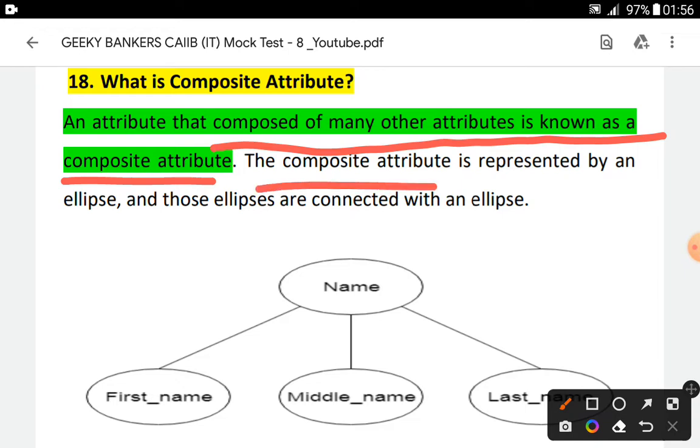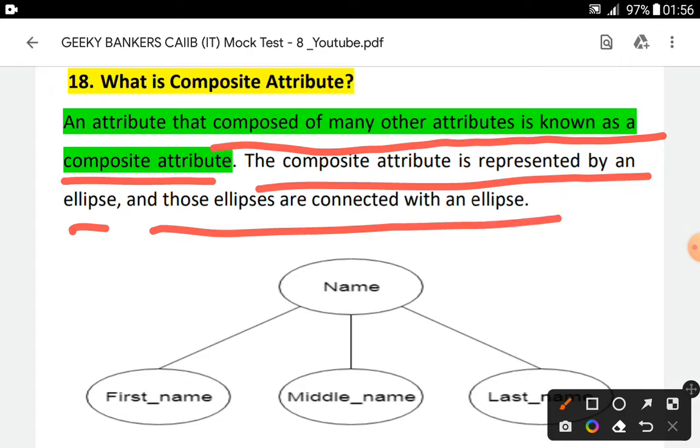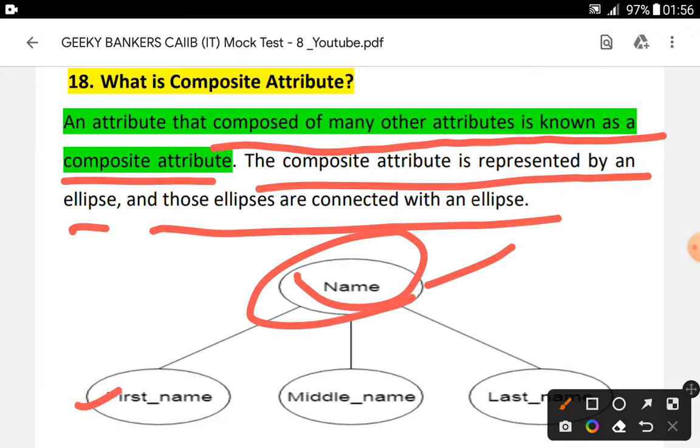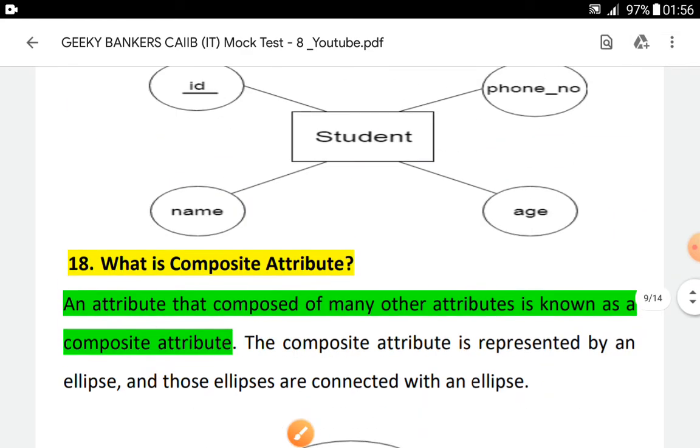The composite attribute is represented by an ellipse and those ellipses are connected with an ellipse. जैसे एक नाम जो है, जैसे हमारा नेम है, तो there can be first name, there can be second name, there can be last name. Okay, and all are being represented by ellipse. So what is a composite attribute? That composed of many other attributes is known as a composite attribute, like name.